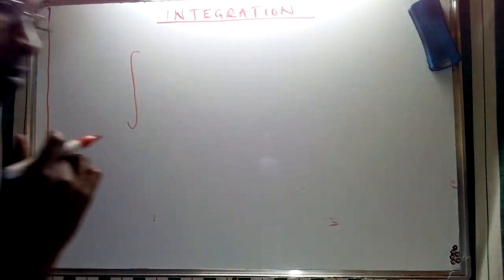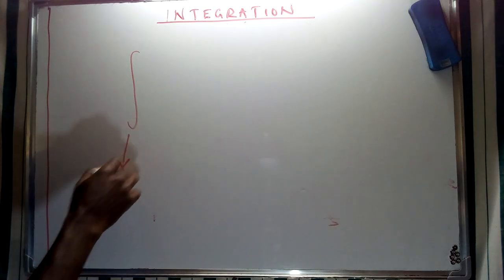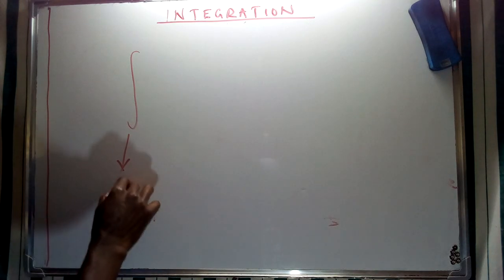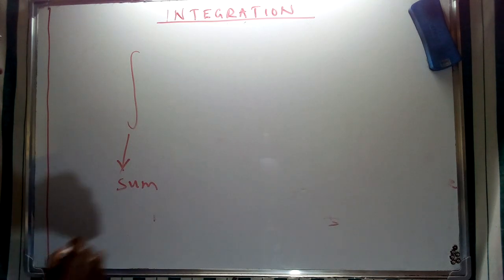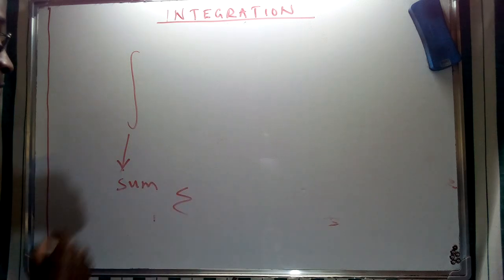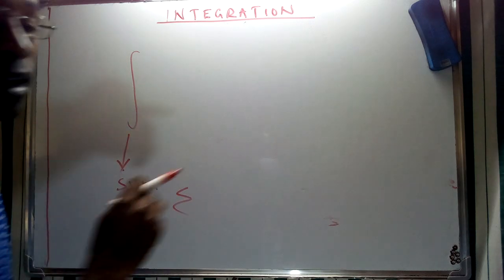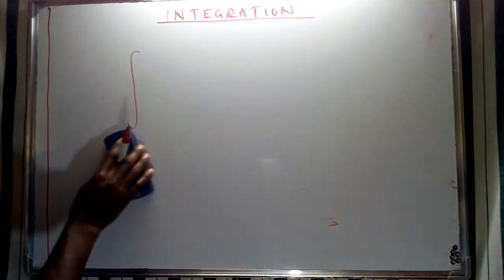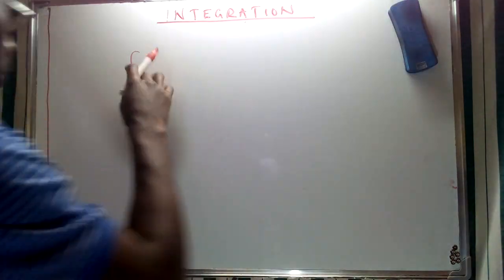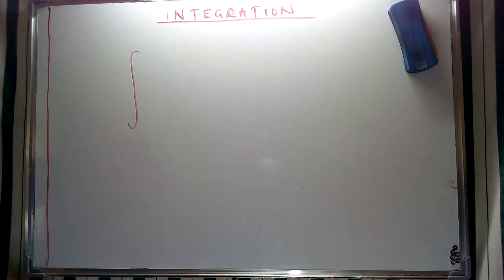But my main emphasis was to try and elaborate on this specific function. Now this is a summation, of course, which is, as we said, given as an elongated S, especially when we deal with the concept of integration in general. So if I use this sign, this refers to a summation or an integral.